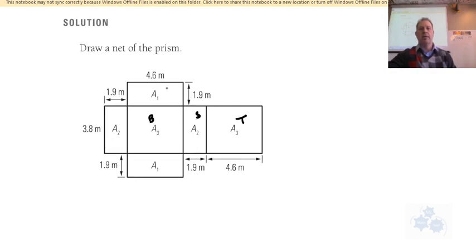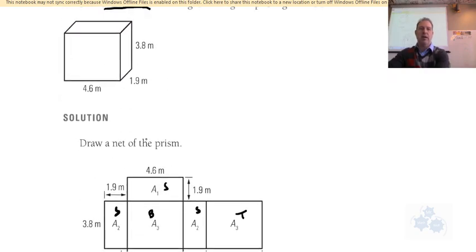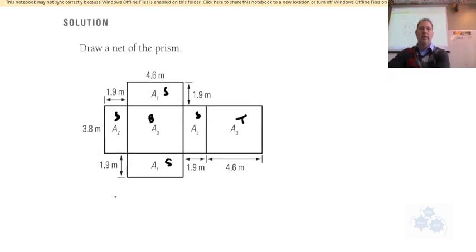This is a side, this is a side, this is a side, and this is a side. Okay? You guys with me there? Yeah? Okay. So once you have this, and once you have all of the dimensions from the diagram, see these numbers here, then you can start to piece together the areas.